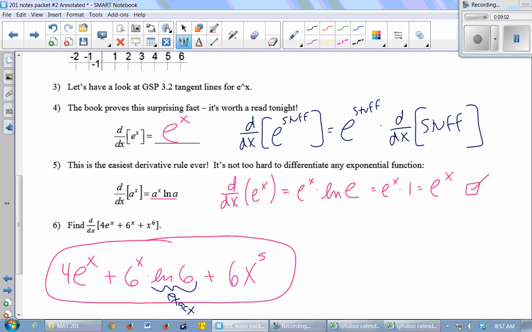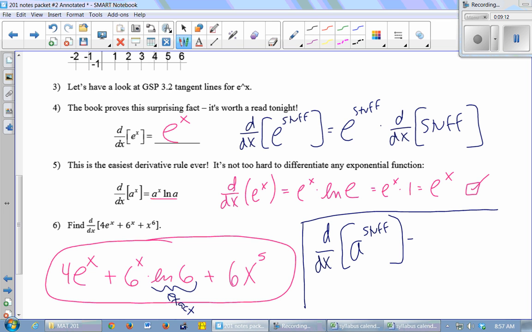And how about if I want to take d dx of a to some stuff? What would that be? Times the derivative of the stuff. You got it.